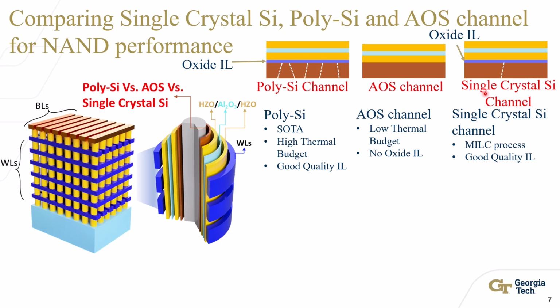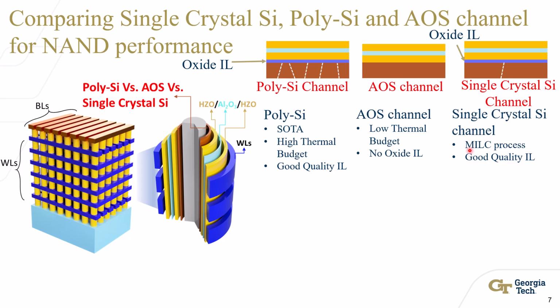Finally, we can have a single crystal silicon channel. A single crystal silicon channel typically has significantly low, almost negligible, grain boundaries, and hence its mobility is higher compared to a polysilicon channel.